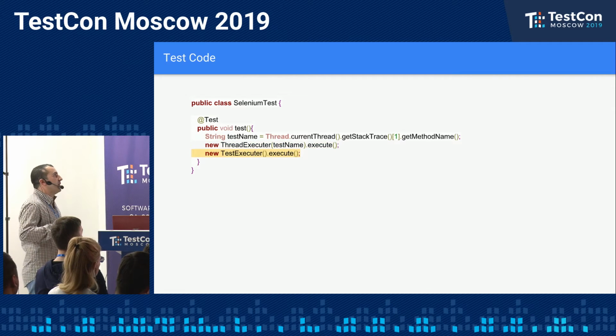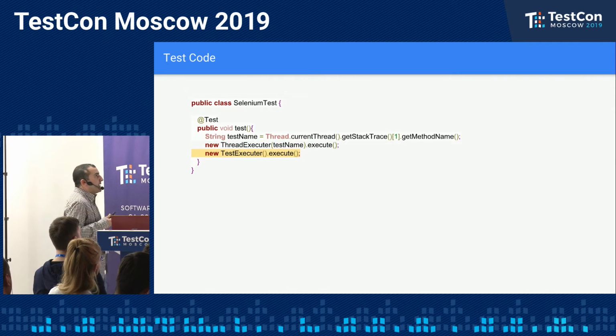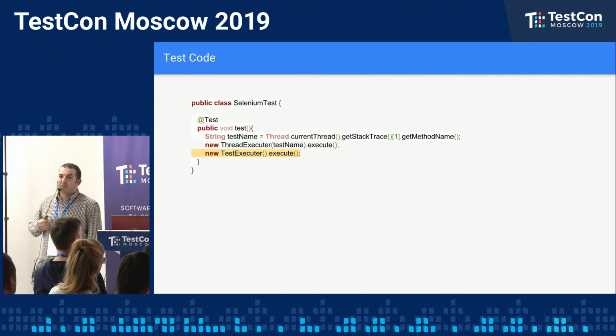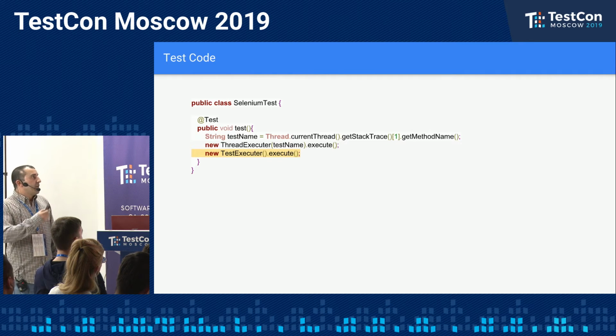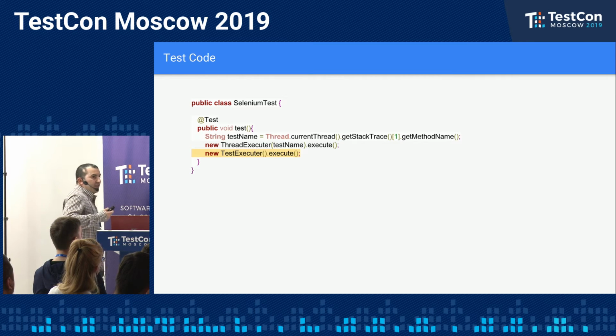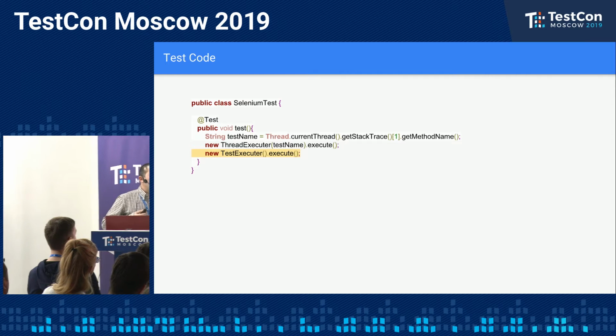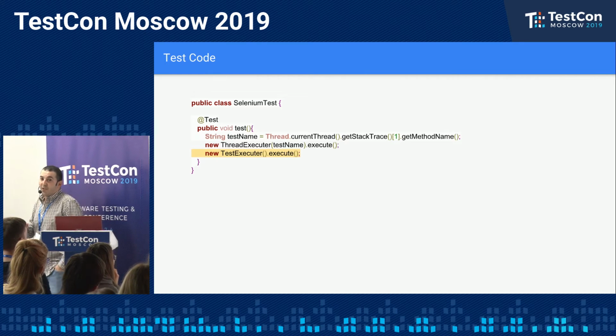After that, we have another thread, and this thread executes the test itself. In this tool, the test is to navigate again and again to different values in the Google search application.